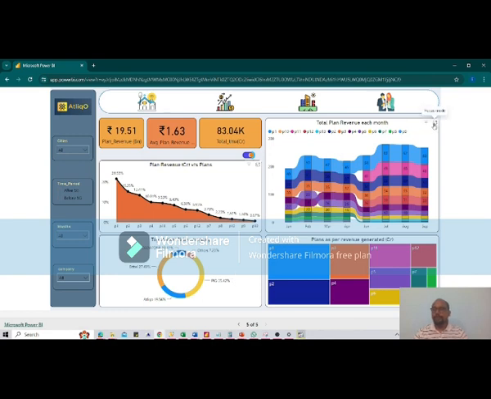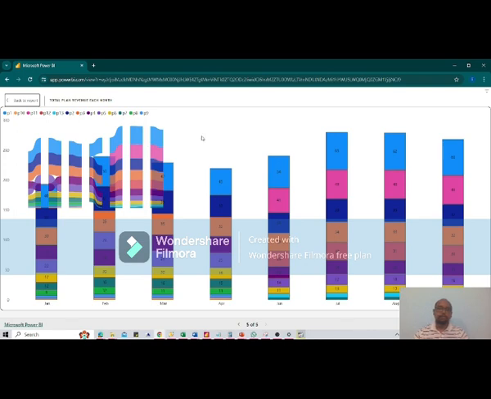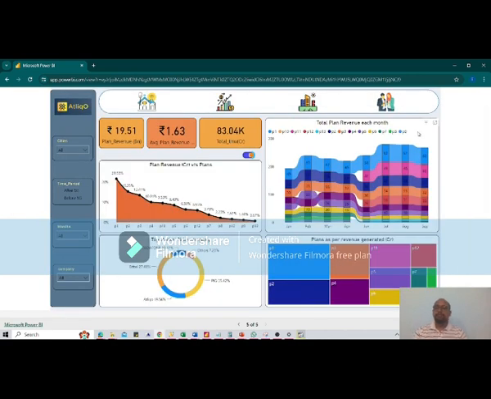This rainbow chart gives us a clearer picture of which plans are performing great. So we can see P1, P11, P2, P3 and P12.